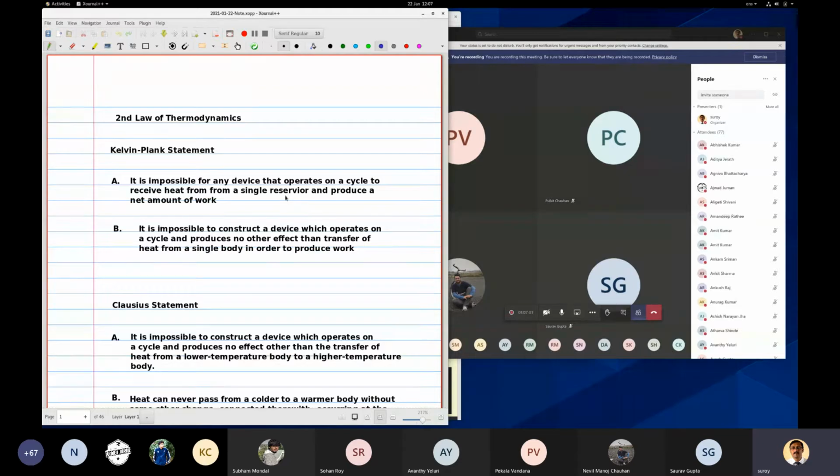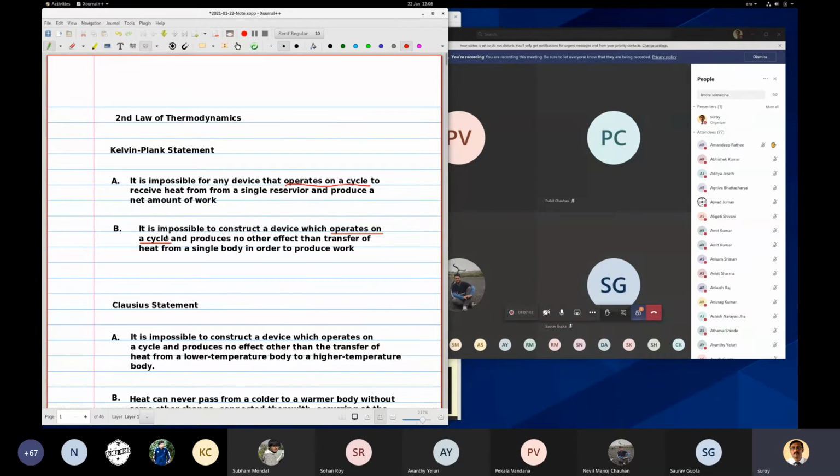The second statement says that it is impossible to construct a device which operates on a cycle and produces no other effect than a transfer of heat from a single body in order to produce work.